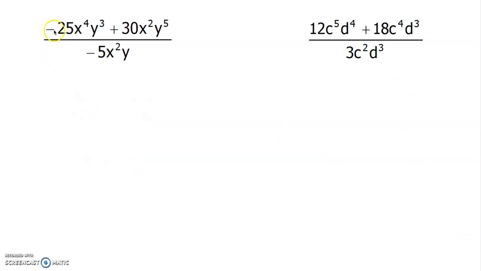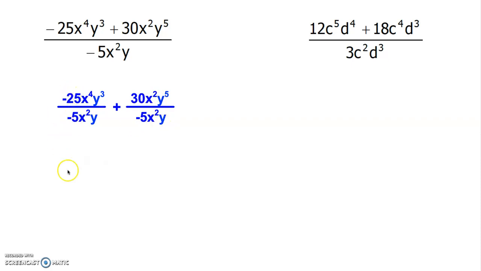Here we have negative 25x to the fourth y cubed plus 30x squared y to the fifth being divided by negative 5x squared y. So I have negative 25x to the fourth y cubed divided by negative 5x squared y plus 30x squared y to the fifth divided by a negative 5x squared y.